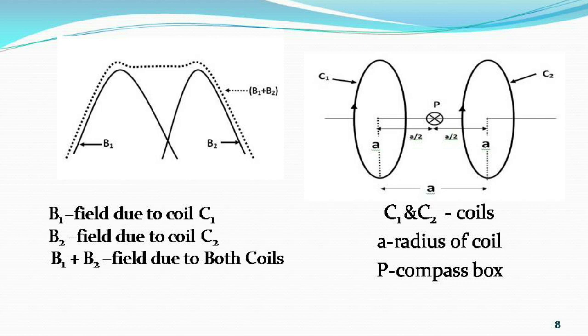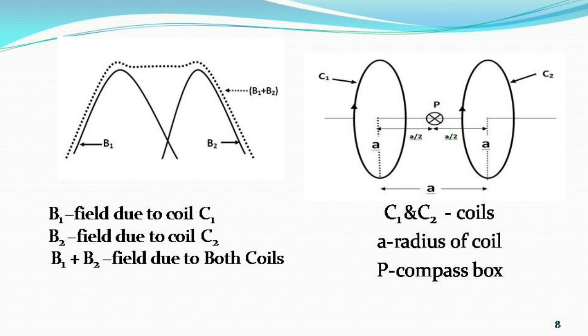These have equal radius and are placed coaxially at a separation equal to the radius of either coil. At the center, that is at a distance a by 2 from either coil, the compass box is placed.